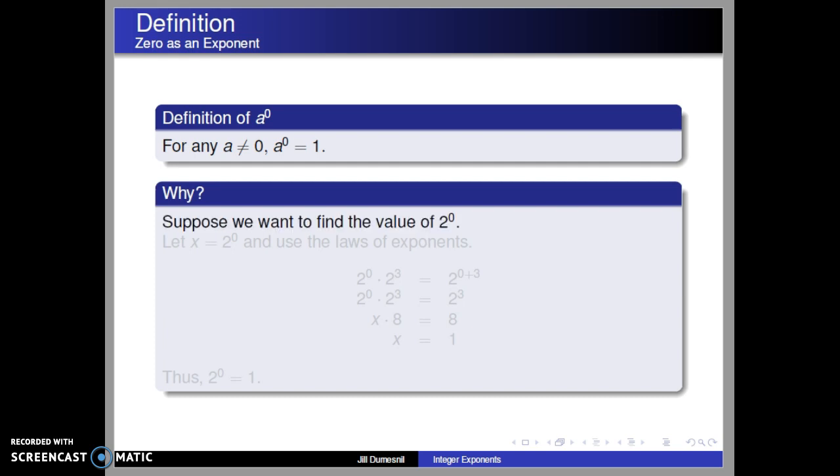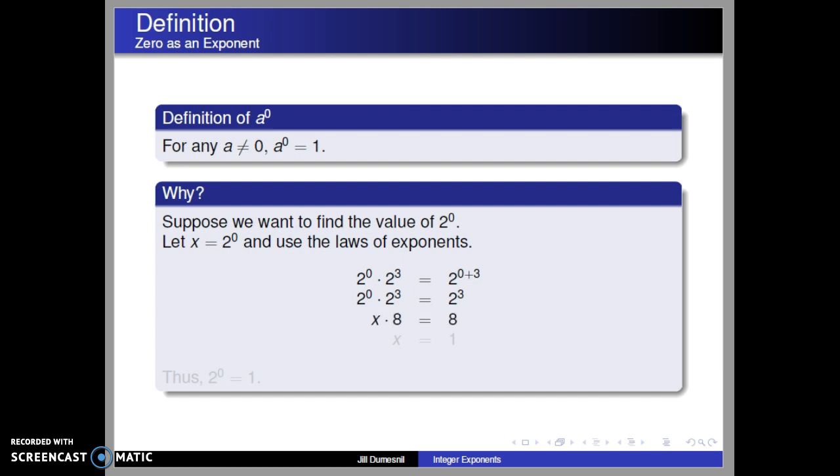Suppose we want to discover the value of 2 to the 0. Let x equal 2 to the 0 and use the law of exponents. 2 to the 0 times 2 to the third will equal 2 to the 0 plus 3 using the multiplication of like bases property. So 2 to the 0 times 2 to the third will equal 2 to the third.